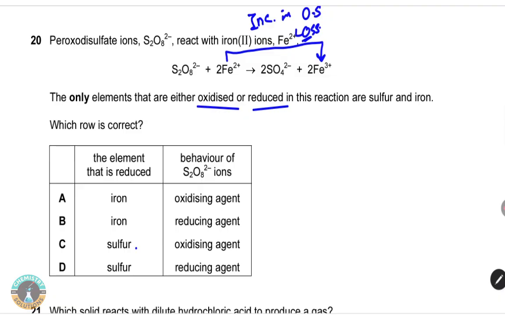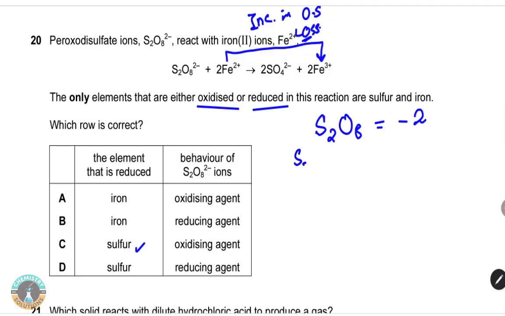Okay, one point is clear to us. Now the behavior of S2O8 2-: we can calculate the oxidation state of sulfur, it's not a very big task. The charge on it is -2, so the total will be equal to -2.